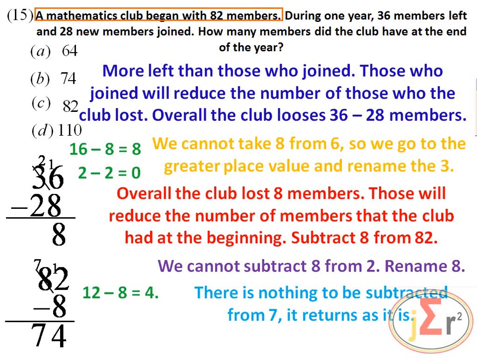And we will get the number of club members at the end of the year. So easily understood. And Jerry is saying that is very simple. And I will say exactly what Jerry said. It is so easily understood.